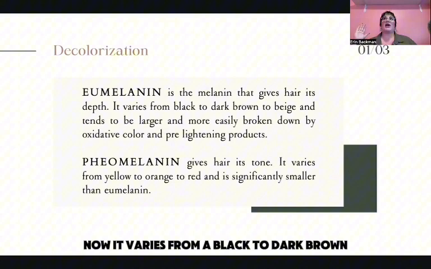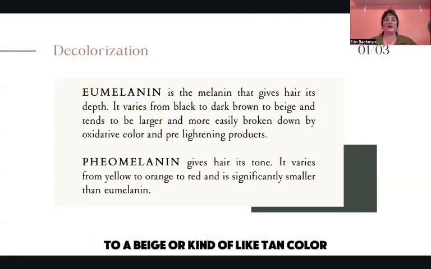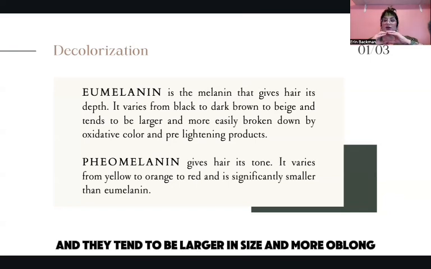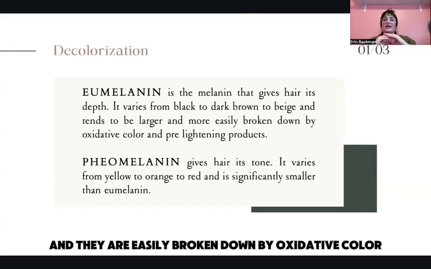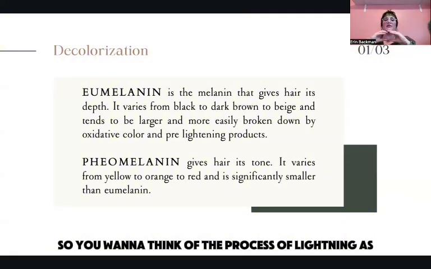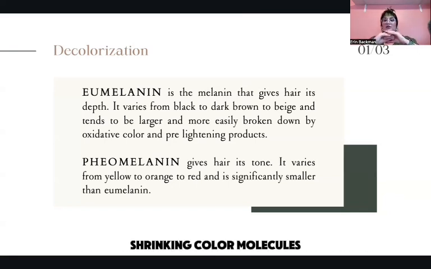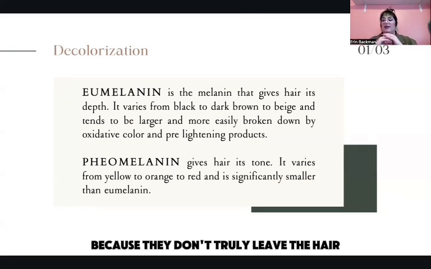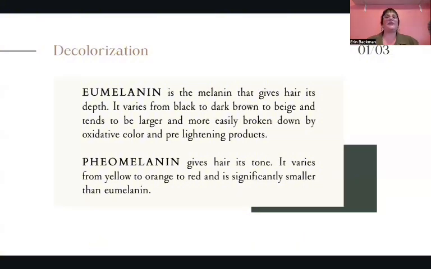It varies from black to dark brown to a beige or tan color, and they tend to be larger in size and more oblong, and they are easily broken down by oxidative color and pre-lightening or bleach products. So you want to think of the process of lightening as shrinking color molecules and getting them smaller and smaller, because they don't truly leave the hair, they just get smaller.